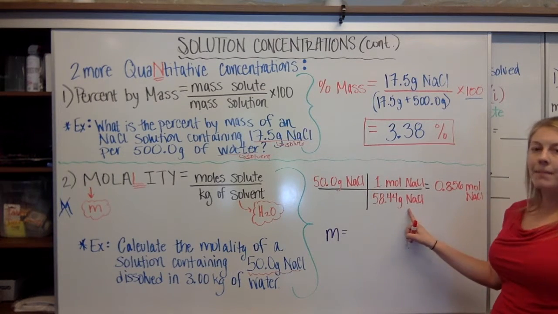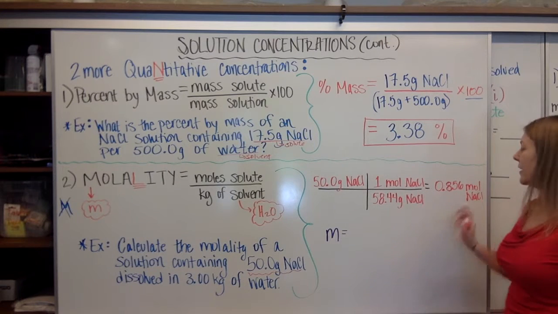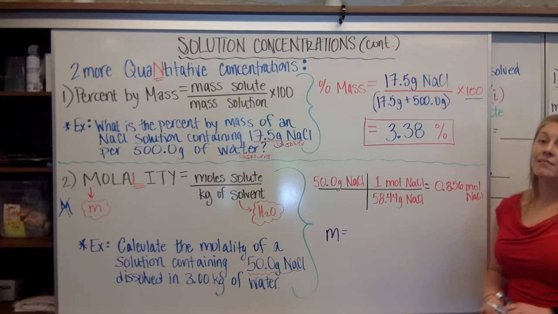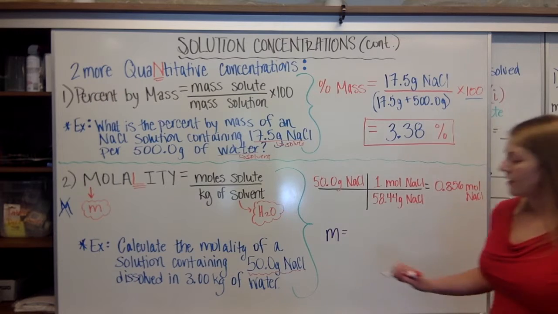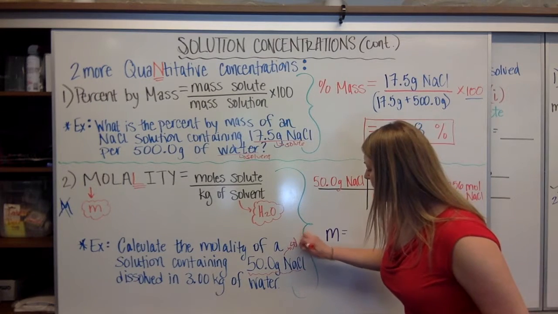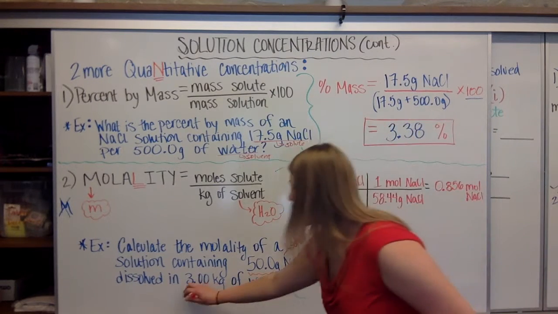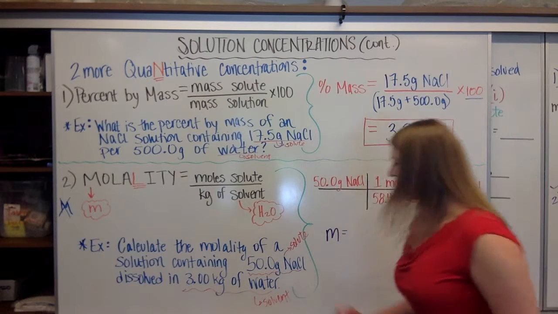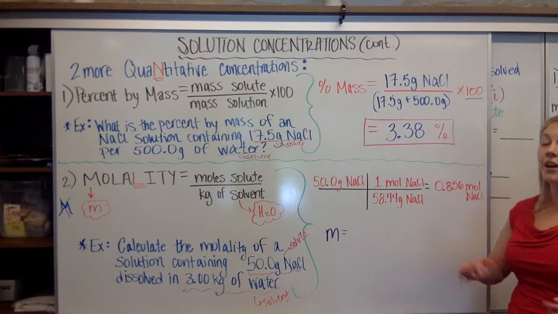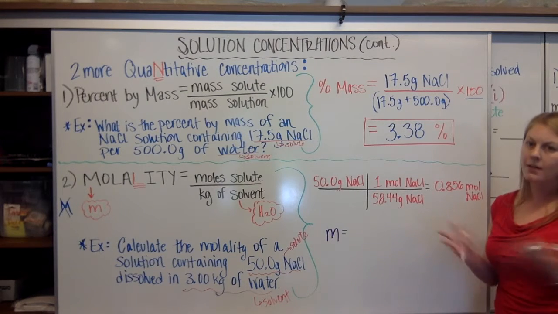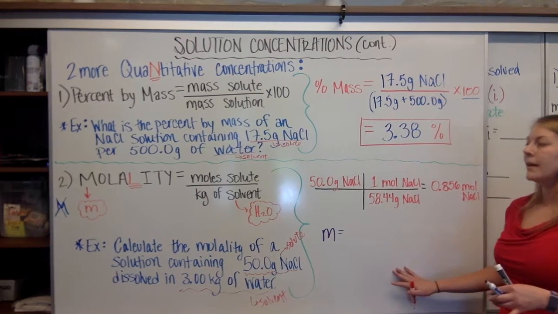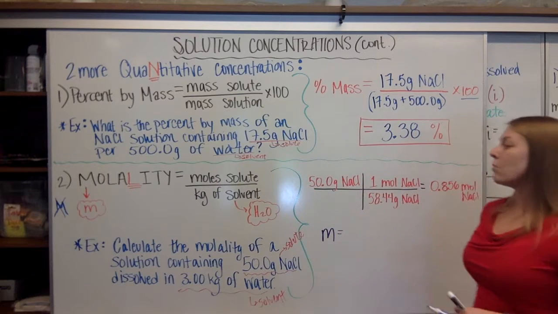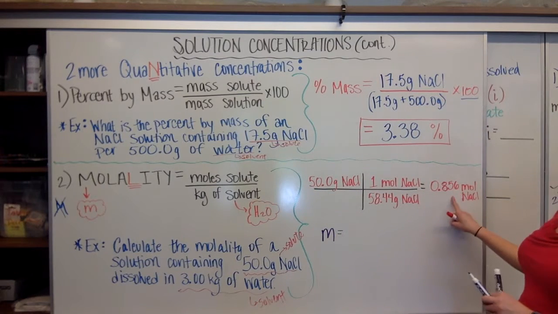Grams on top, grams on bottom, 1 mole on top, and we get 0.856 moles of NaCl, okay? So here again, this is our solute. Water is our solvent, okay? Sometimes it's helpful to label those so you're not getting solute, solvent, and solution mixed up in your calculations. All right, so we have moles of our solute, which we've already calculated.